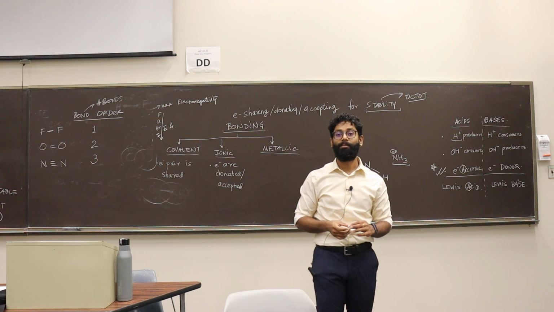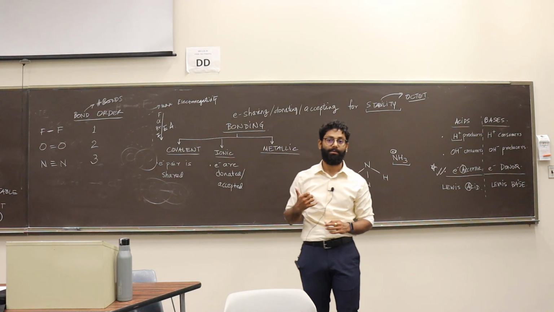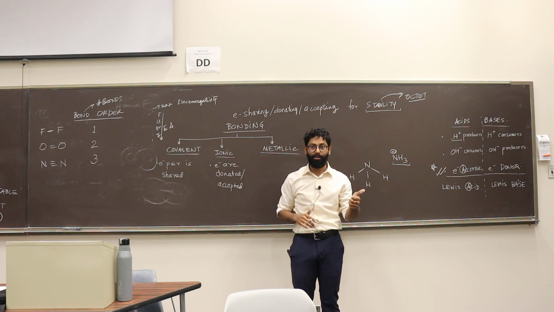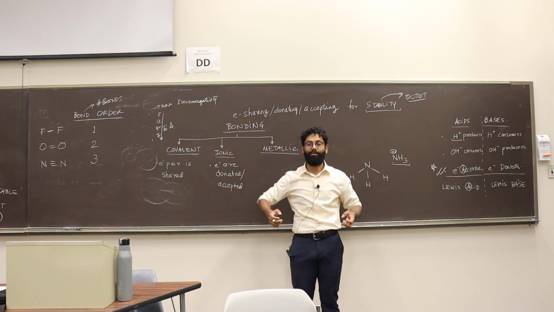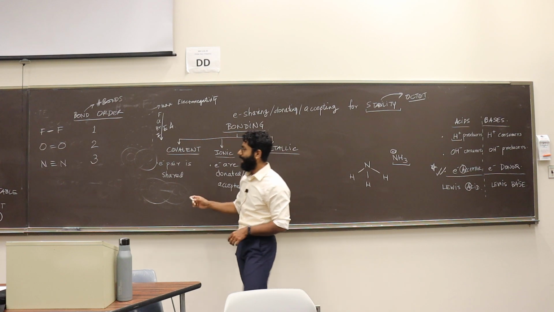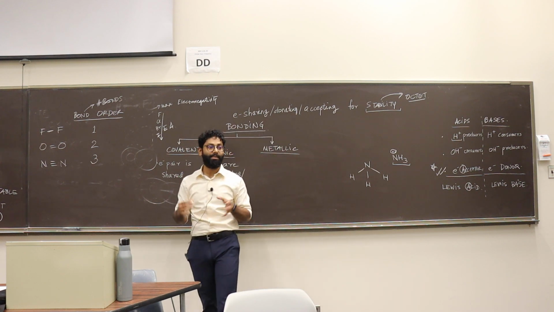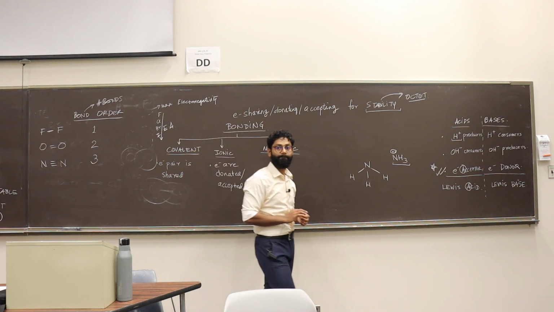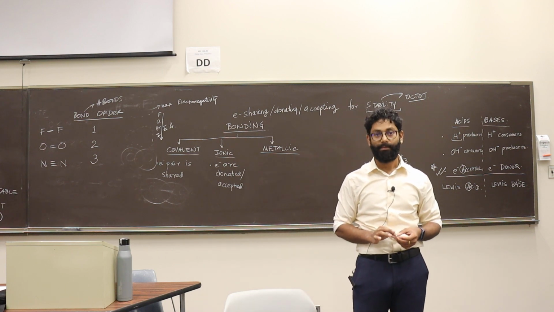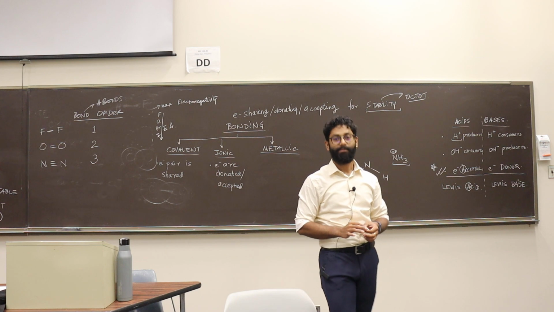Think what will happen to the bond length. So there are 3 things: bond order, bond strength, and bond length. So the length of the bond. Which do you think will have the longest bond? Fluorine. Why? Because it's not the strongest either, so it needs more room. Yes.